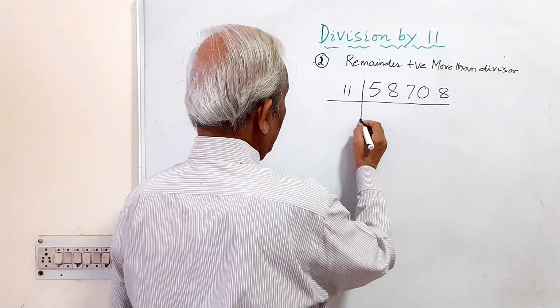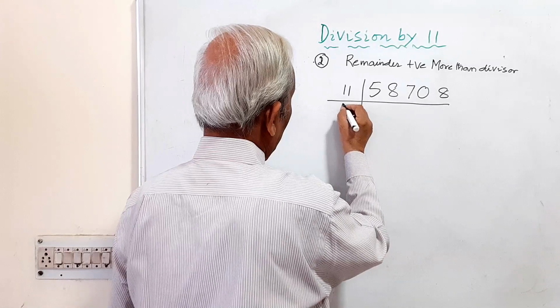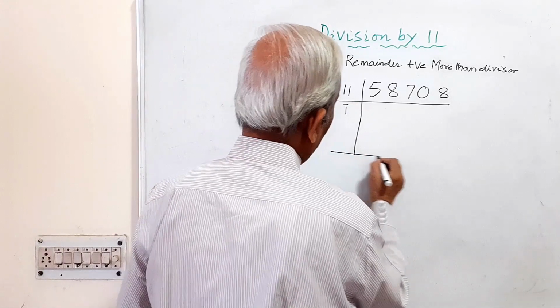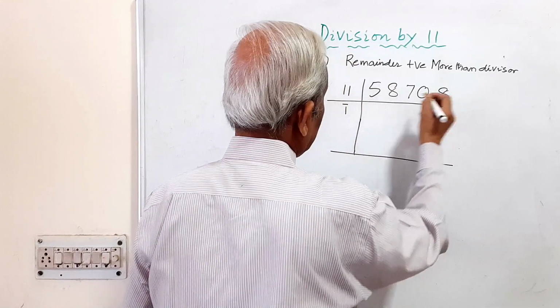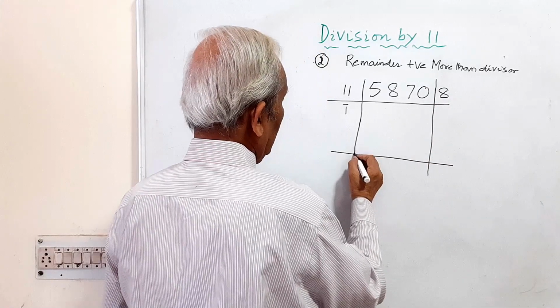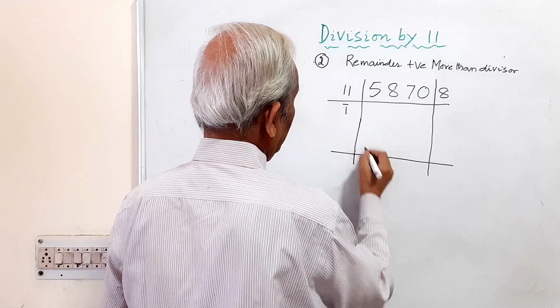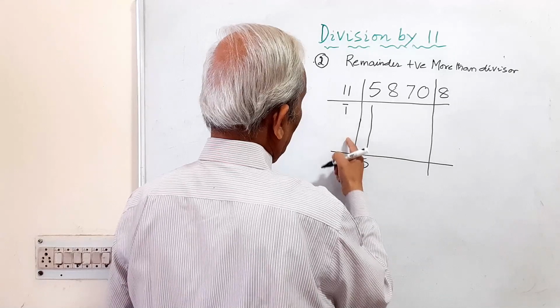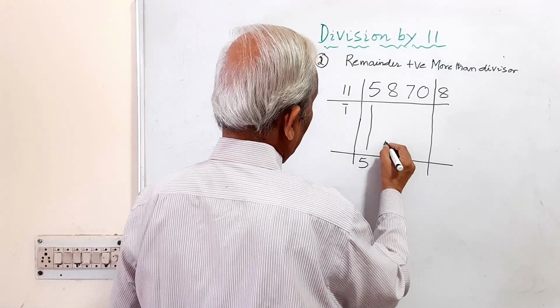Here put down 1 bar. Right here, the base is 10, put one line after one digit. Bring down 5 as it is, 5 into 1 bar is 5 bar.